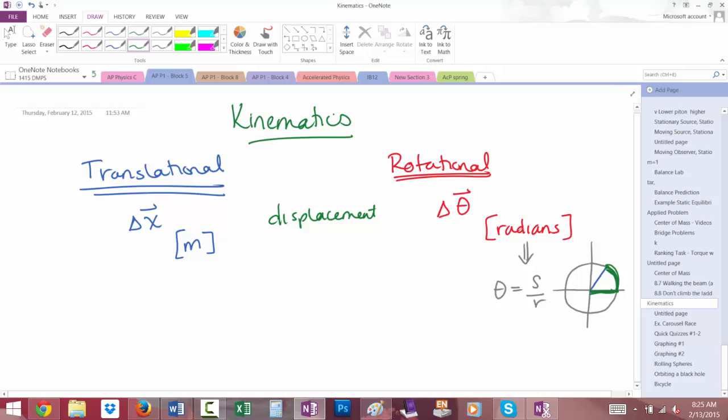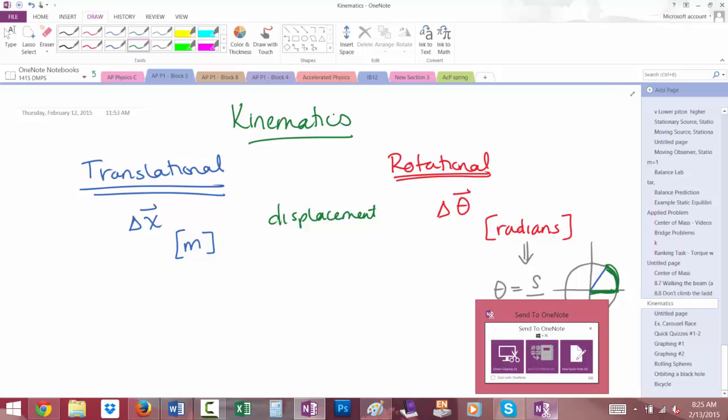It just happens to be that way. It's kind of like a magical thing. If you go all the way around the circle, you then have a distance of 2 pi r. We know that's how you find the circumference of a circle, and your radius is r.